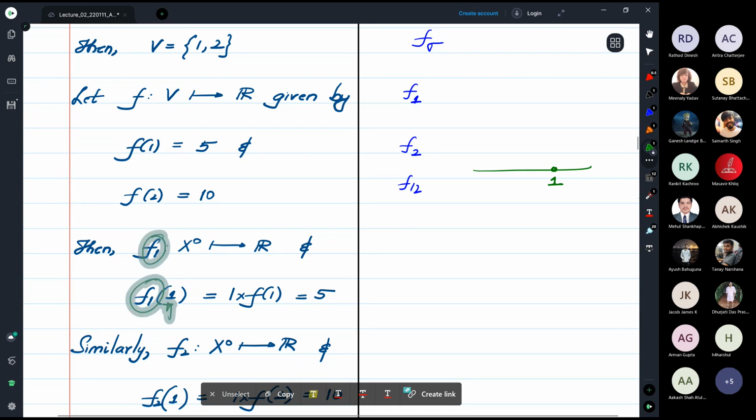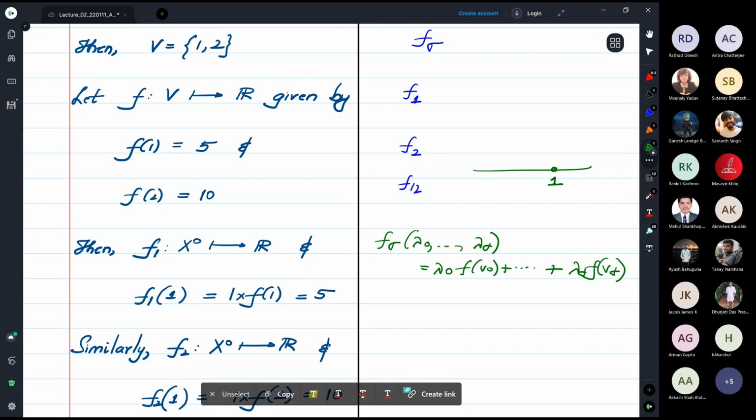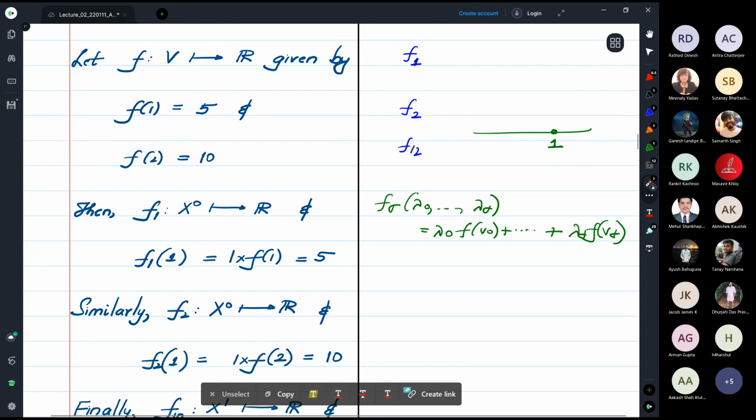Recall the definition: f_sigma of (lambda_0 up to lambda_d) is lambda_0 times f of v_0, and so on, up to lambda_d times f of v_d. In this case, the collection is only made up of 1. This is a one-dimensional vector, and the only vector in X_0 is the vector 1.